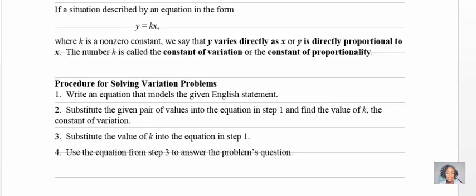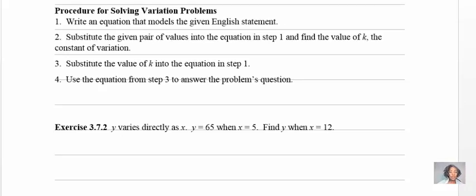So I want to look at an example of using this procedure on a direct variation exercise. Here's exercise 2 from section 3.7. We're told that y varies directly as x, and that y is 65 when x is 5, and we're being asked to find y when x is 12.